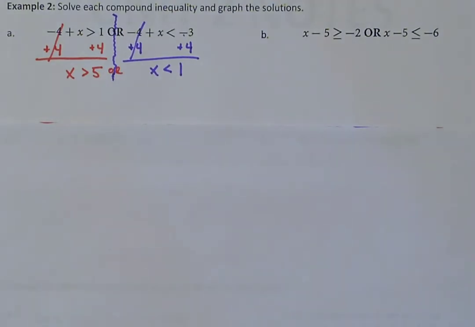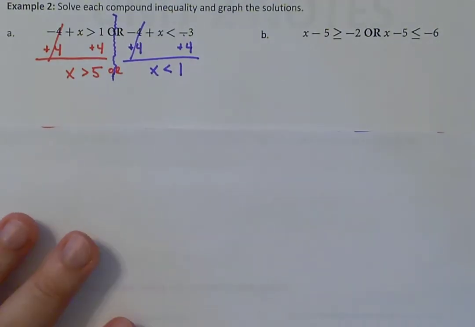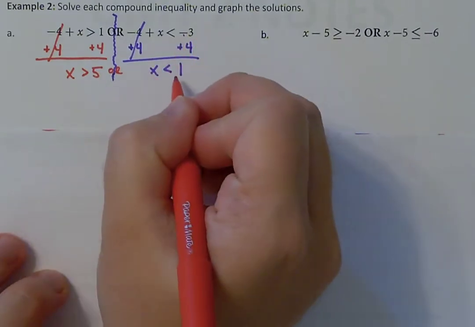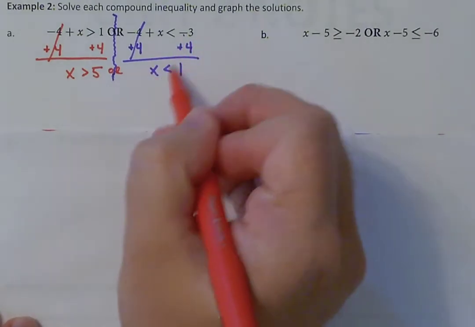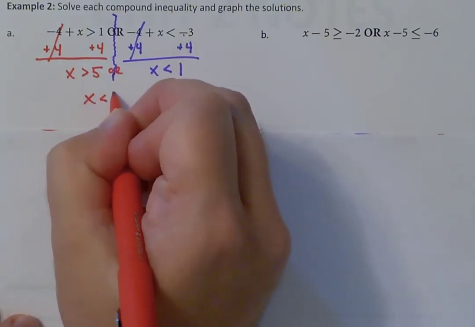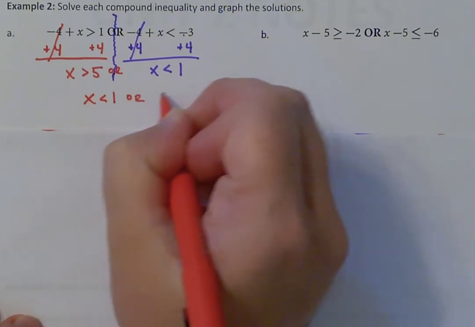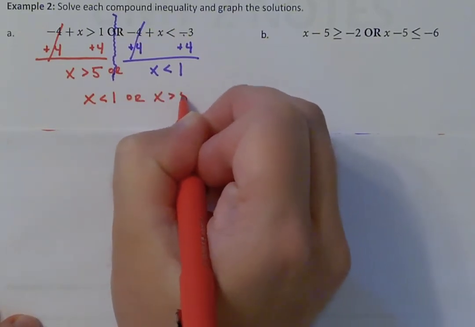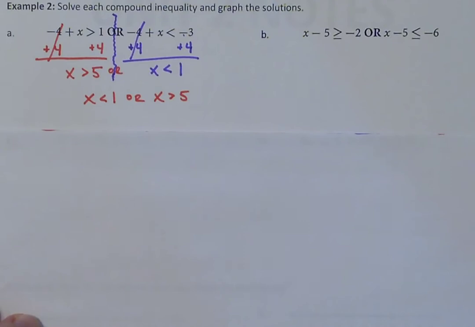Once I have done that, that is going to be my inequality for this problem. Because 1 is the smaller number, I'm going to write this as x is less than 1, or x is greater than 5.